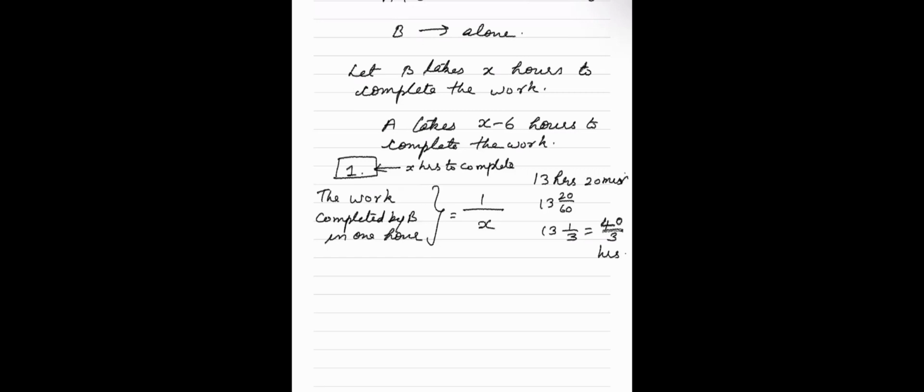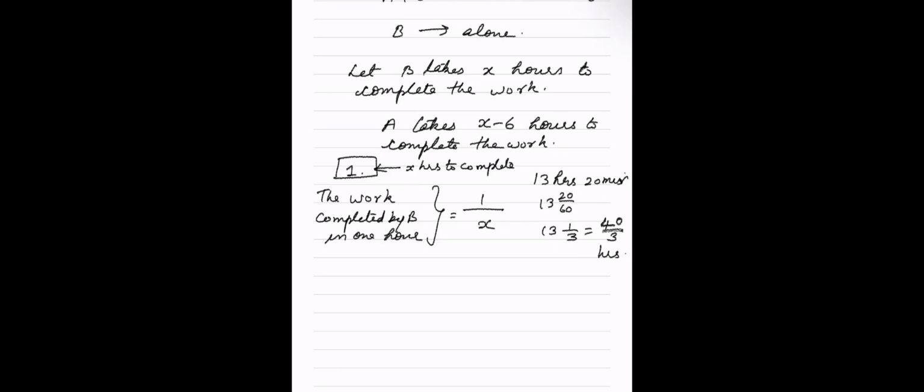Is it not 1 by 6? Yes, ma'am. All of you are getting that logic. So what is the total work? Total work divided by the number of hours required to complete the work. That much work you will complete in 1 hour. Got it? That is the work done in 1 hour.